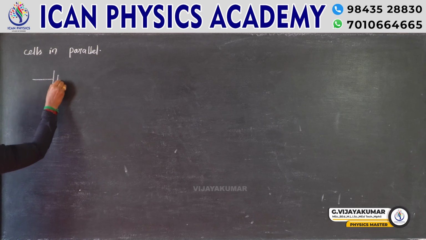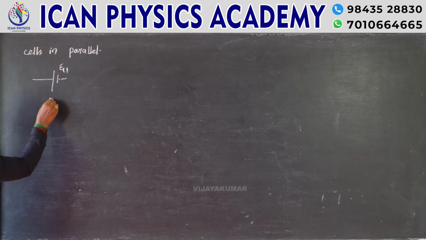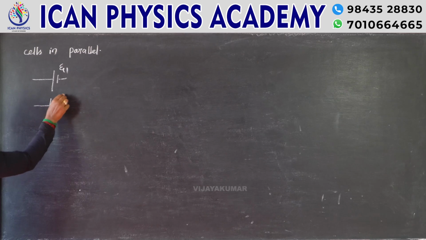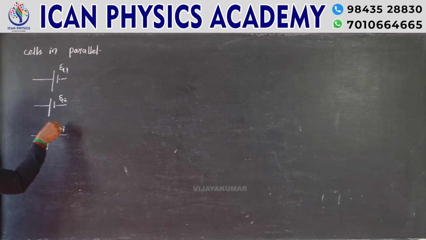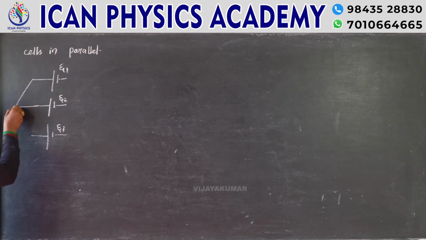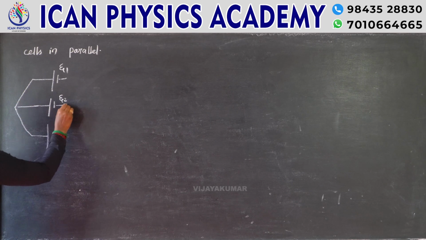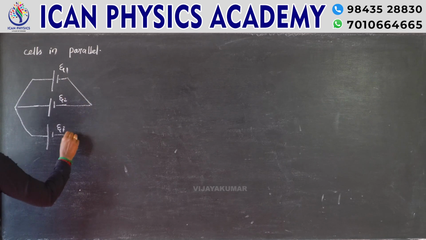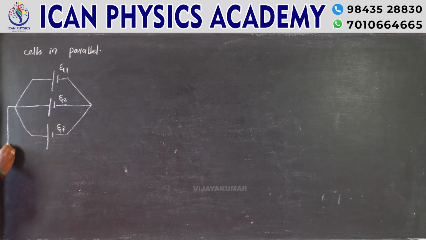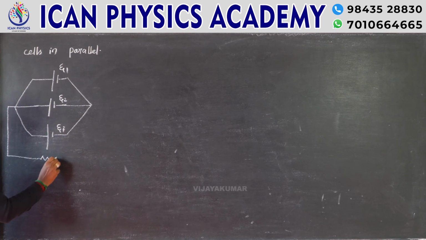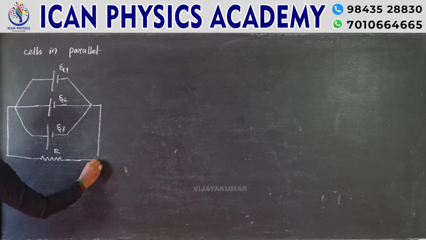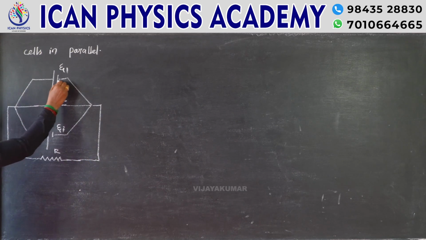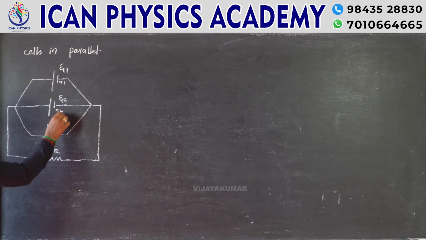So a cell of EMF 1, a cell of EMF 2, and a cell of EMF 3 are connected in parallel to an external resistance of capital R, and their internal resistances are r1, r2 and r3.